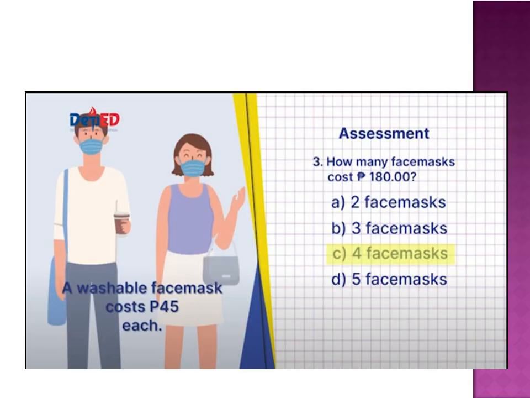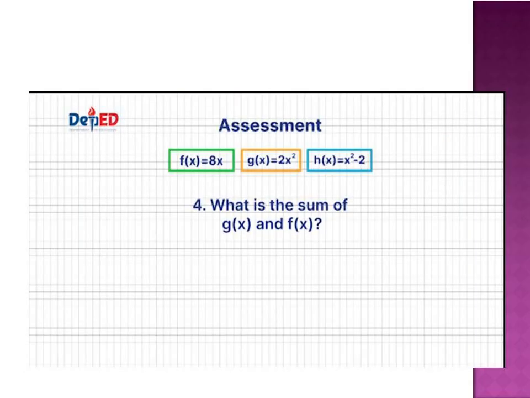Let's proceed to items 4 to 8. For these items, we will be referring to the given functions. f of x equals 8x, g of x equals 2x squared, and h of x equals x squared minus 2. Let us have number 4.